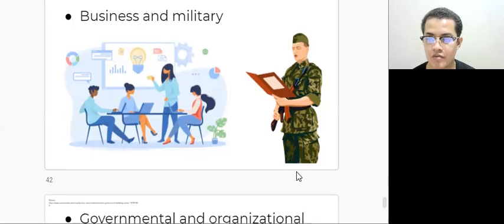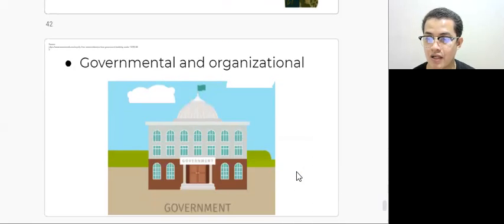And also the governmental and organizational credentialing. Now, one of many applications of measurement in government is the licensure examination. For instance, in the Board of Psychology, we are required to have a licensure exam for psychometricians and psychologists.